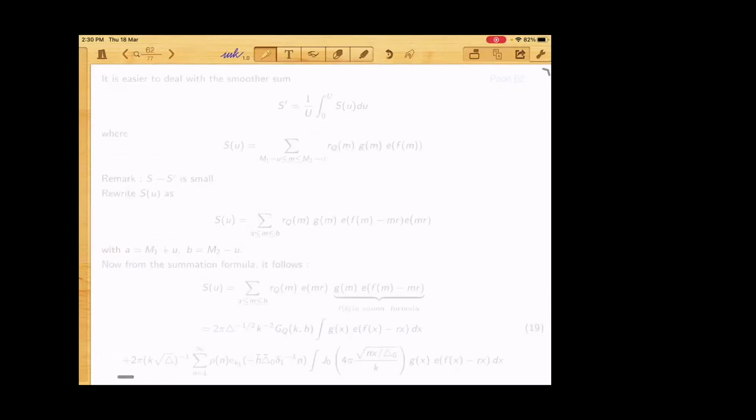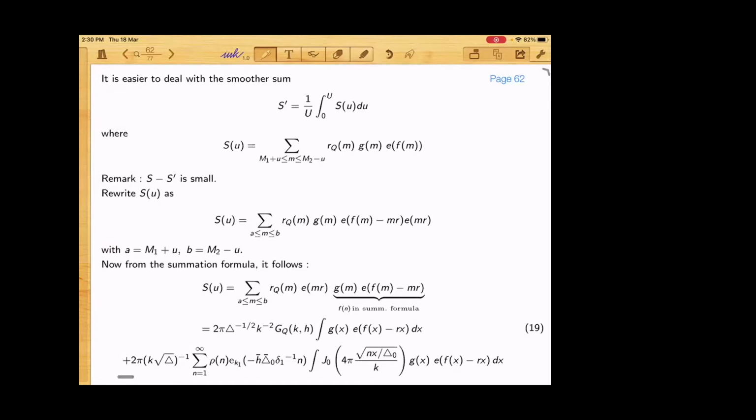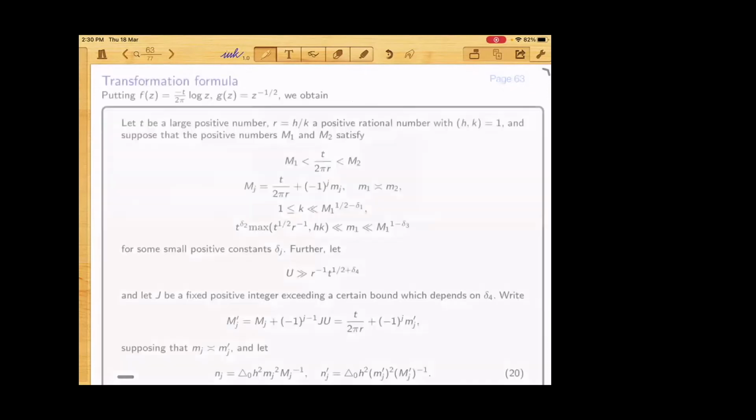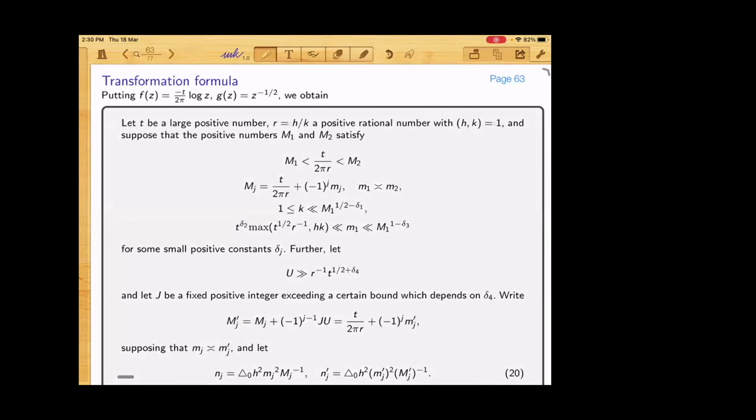This has a lot of advantages. So now the summation formula appears with F(n) minus, and when we use the summation formula from the previous slide, we get this. All right. Now, this is the exact transformation formula, which is a little complicated with various things floating around.